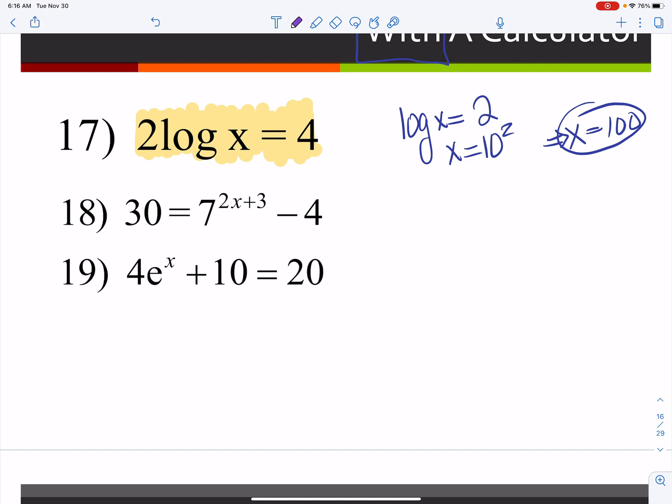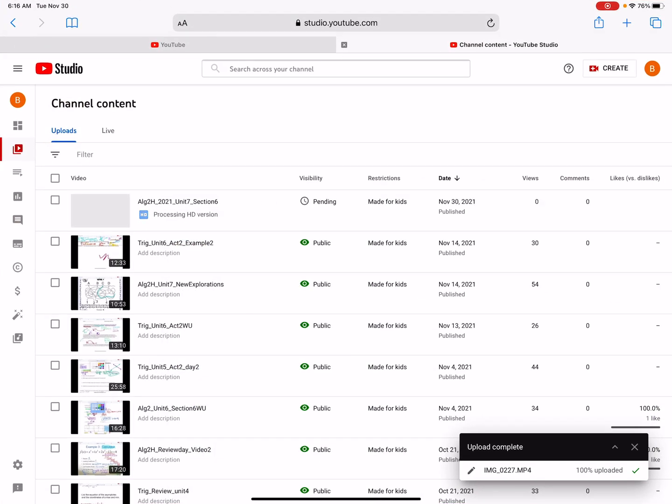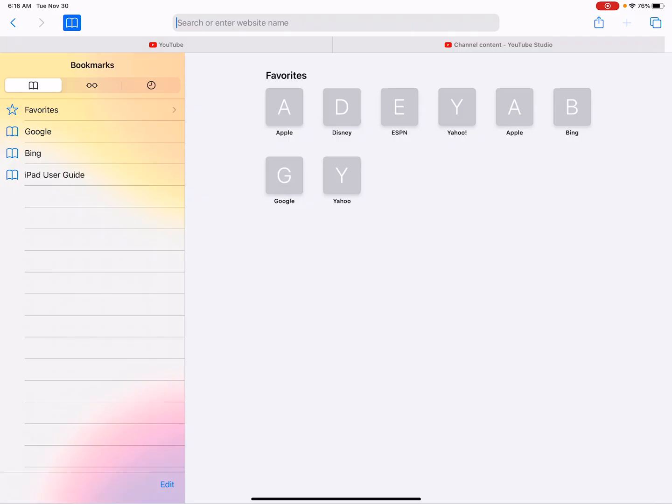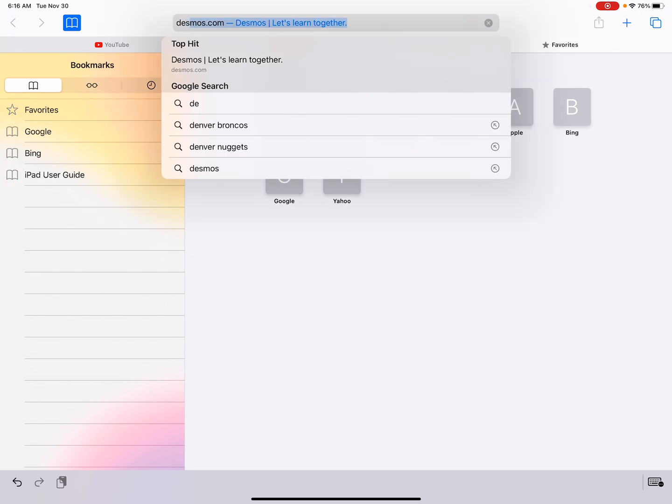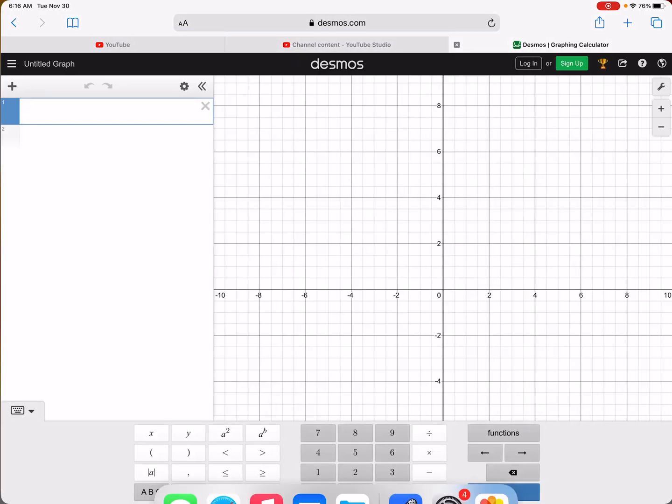Okay, on 18, I would have added the 4, so I'd get 34 equals 7 to x plus 3. Then I would write this in a log base 7 of 34 equals 2x plus 3. Hold on, I need to open a new one. What is it?